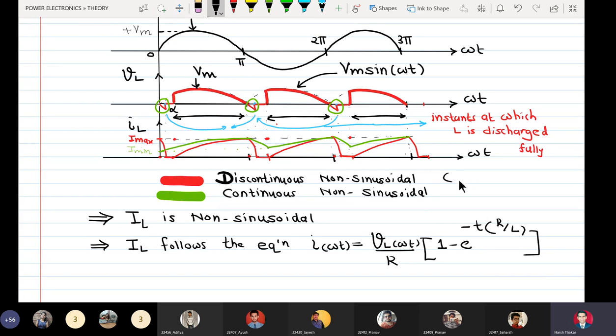So for very small L, moderately high L's.